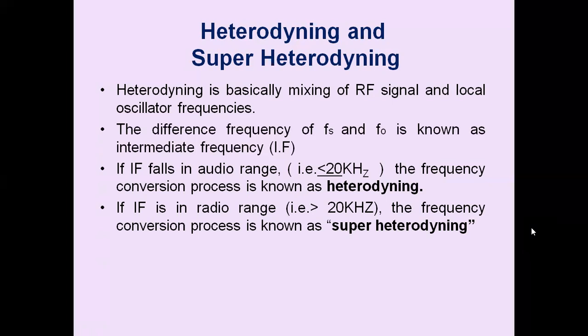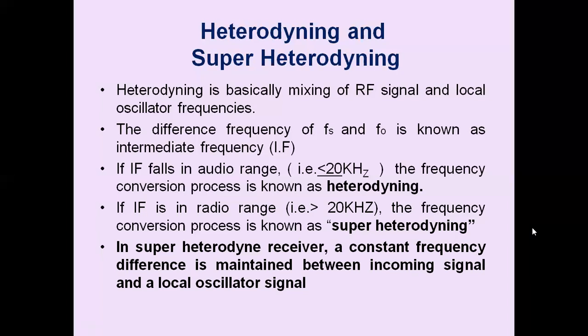We are going to get an IF value of 455 kilohertz in the case of AM receivers. That is why we call it a super heterodyne receiver. In a super heterodyne receiver, a constant frequency difference is maintained between the incoming signal frequency and the local oscillator frequency.